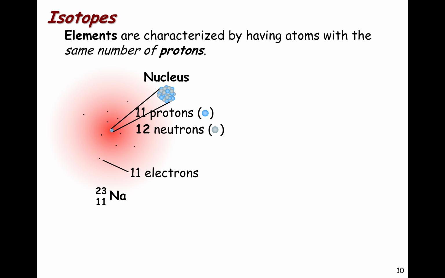So it's possible for there to be more than one type of atom for any particular element based upon the relative number of neutrons. In the example shown here, we have one of the so-called isotopes of sodium.